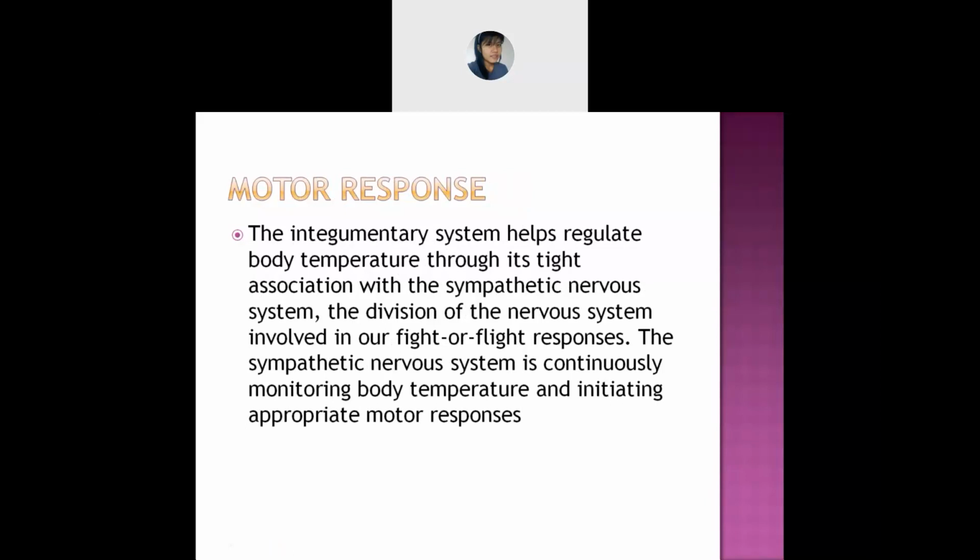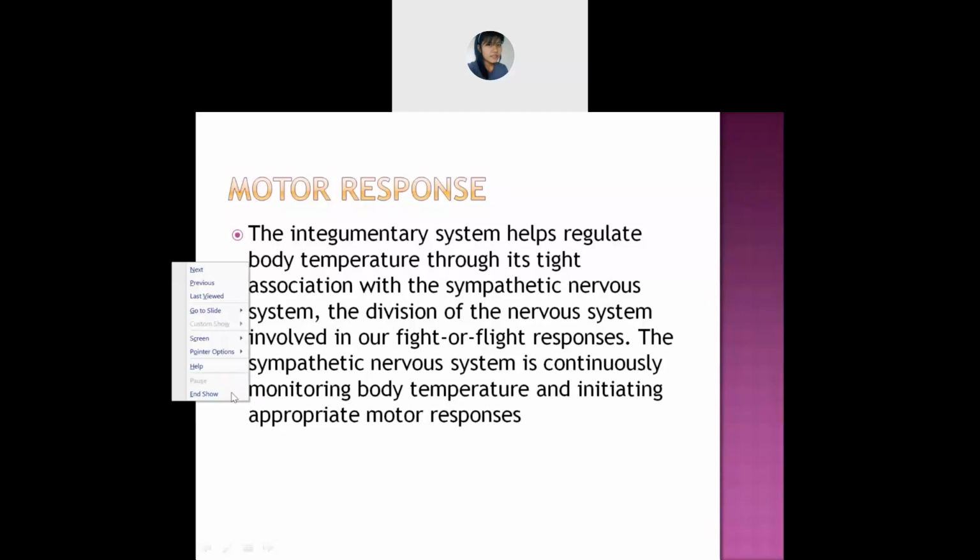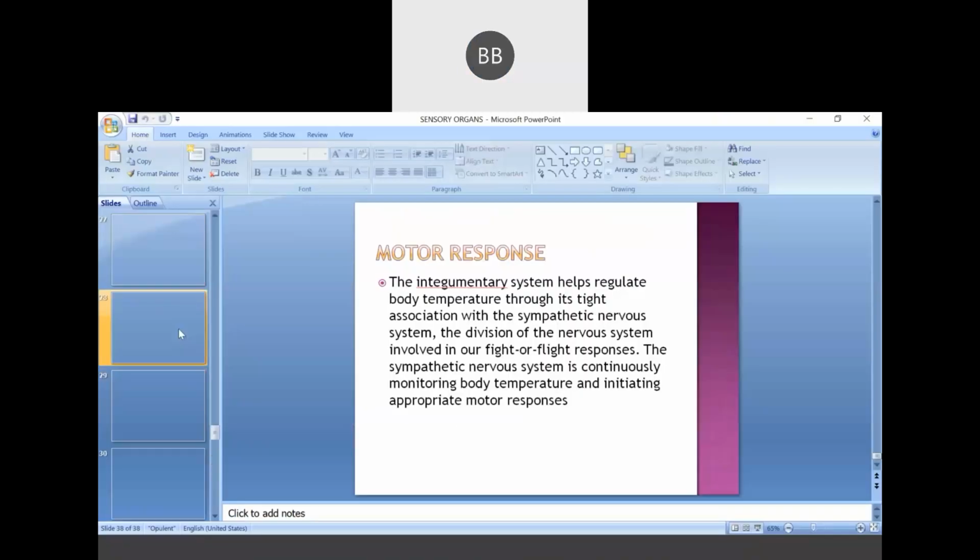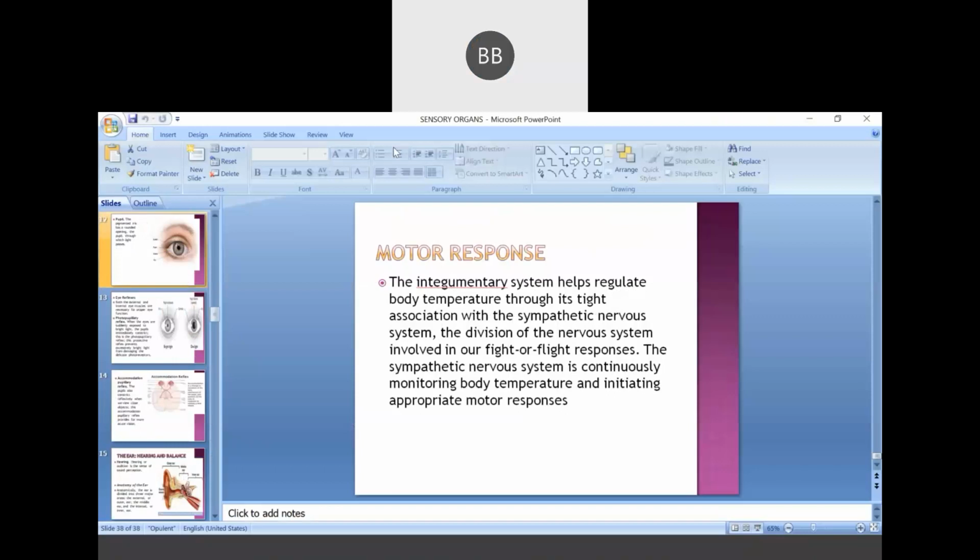You will respond in such a way that you want to escape, or you will do all those sorts of things. It means the motor response, which is the sympathetic nervous system. Is it clear? Yes, ma'am.